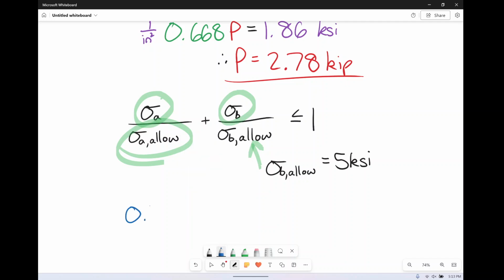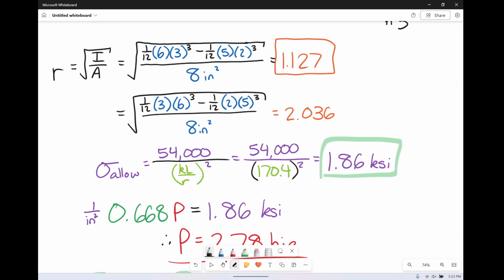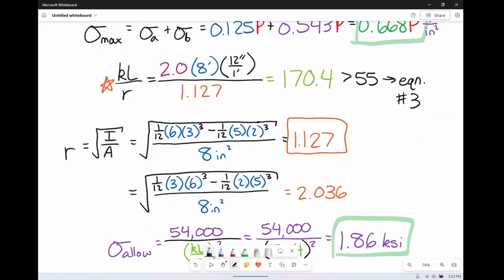So we have 0.125 times P for our sigma A, divided by the allowable, which is based on KL over R. K is the same, L is the same, and R is just a property of the cross-section, so that hasn't changed.